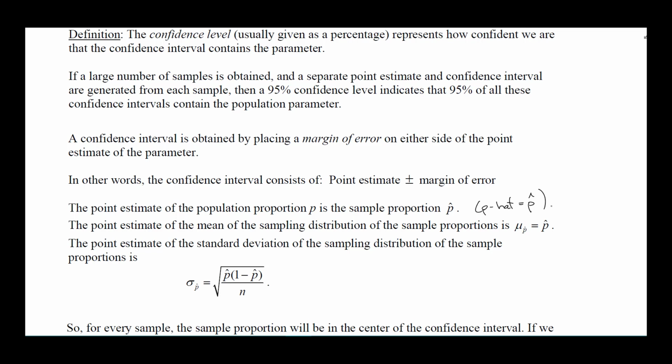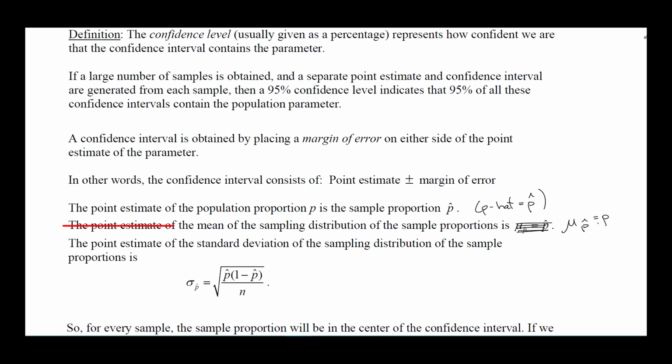And the mean of all the possible sample proportions, let me fix that, it looks like I have a typo. The mean of all the possible sample proportions is going to be the population proportion, which we indicate by a p without the hat.